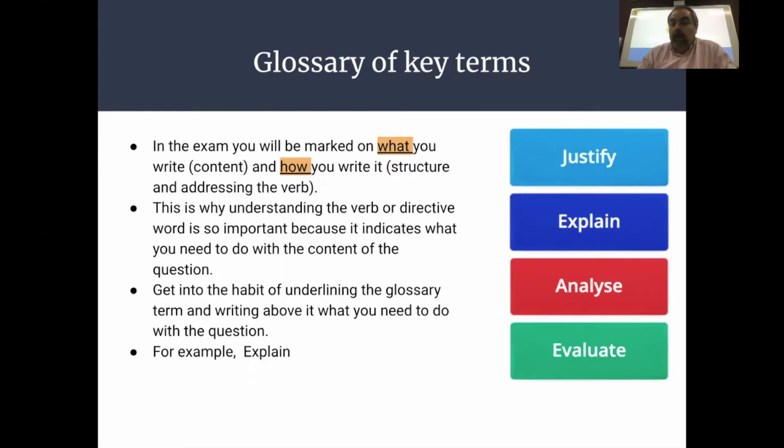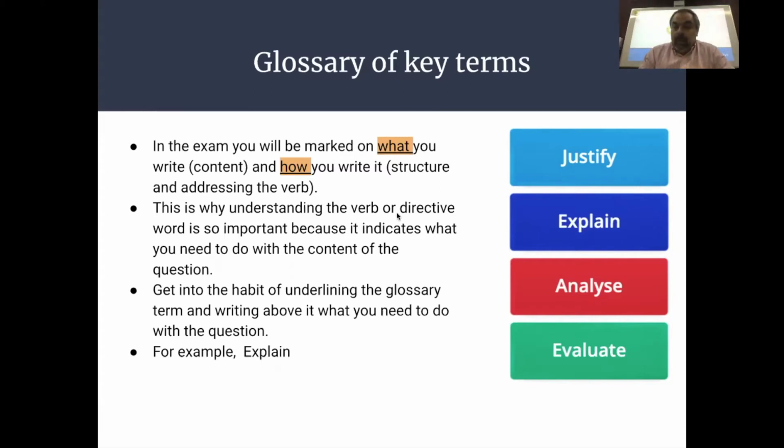The next part is you need to look at the question that's been asked to see what you need to do with the content. So that's the how. So the structure of your answer is going to be addressing the verb in the question. So the what you write, you definitely need to address the content related to that question. The how you write it really is dictated by the verb or the directive term.